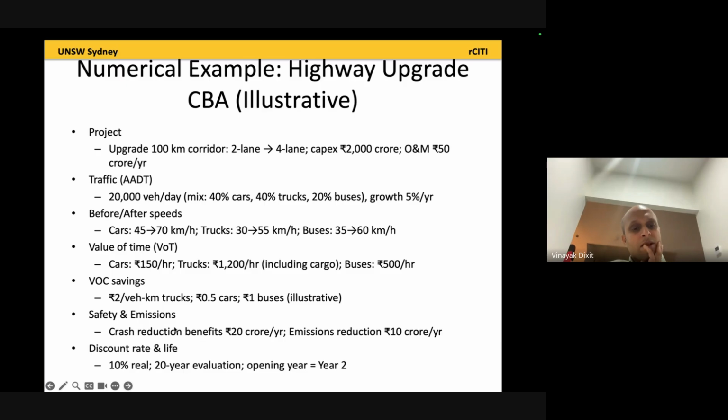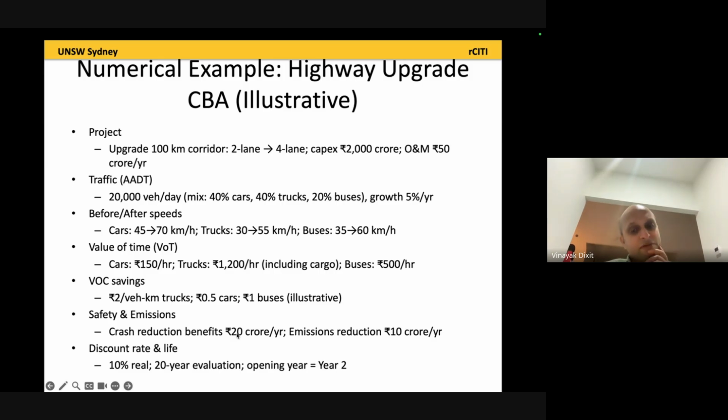Okay. Then you have safety and emissions. So what is the improvement? We're going to actually spend a lecture on how we evaluate the economics of crashes. We'll talk about that as well. Crash reduction benefits. Emissions is straightforward. You basically look at the health benefits of that, but crashes are a bit more nuanced.